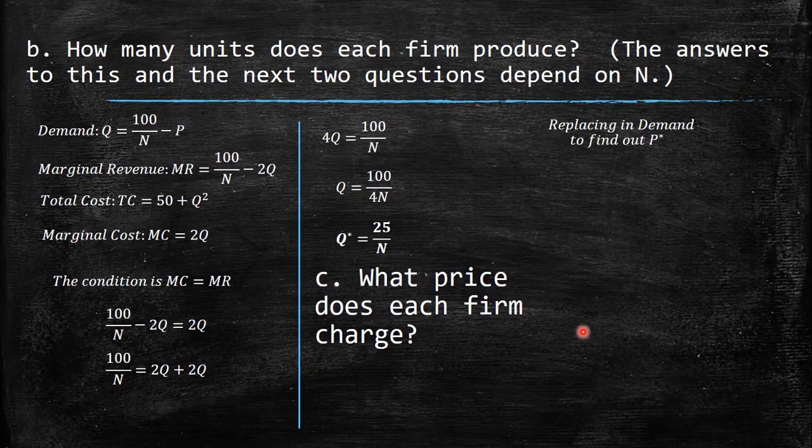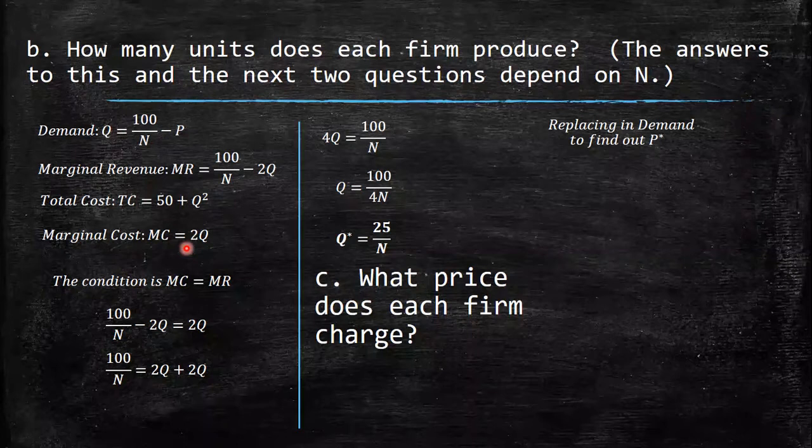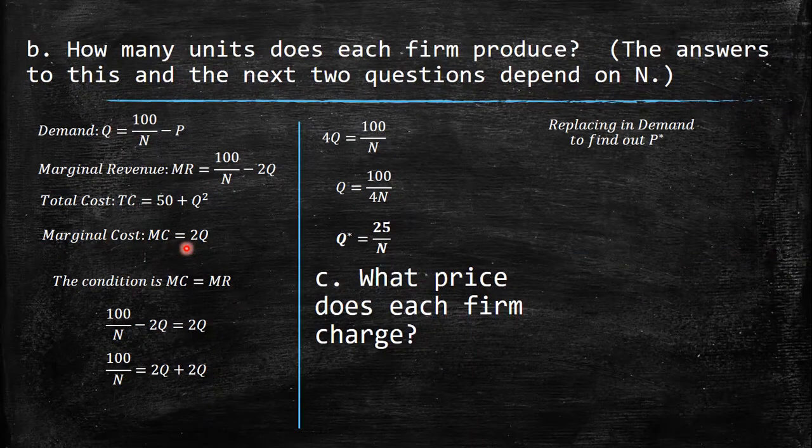And then, at what price does each firm charge? Then you replace that to find it. Don't replace it in the marginal cost, because you will just reach the value of the marginal cost, or in the marginal revenue, which naturally should be the same, because you are starting from the condition where the marginal cost equals the marginal revenue.